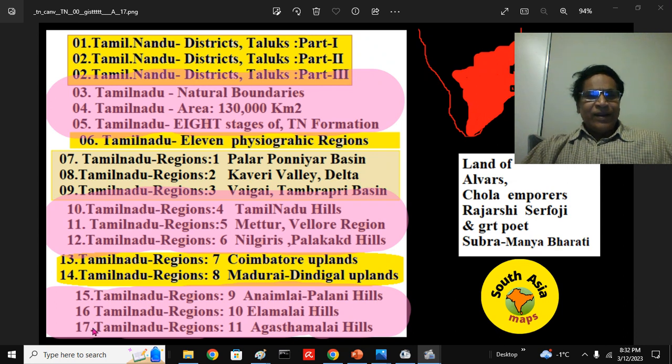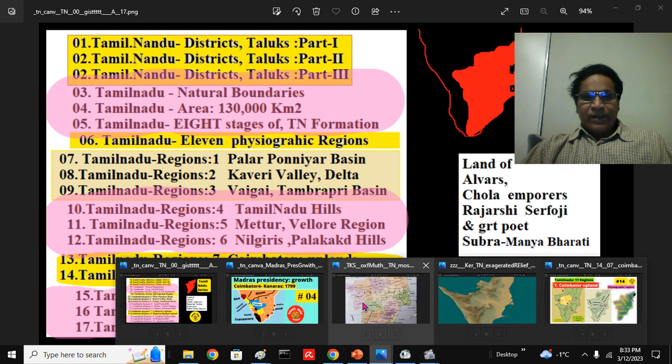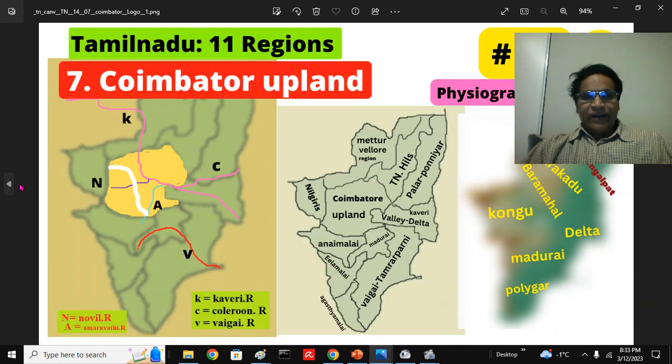I have made 18 actually, number 2 is repeated here by mistake, and today we are covering the Coimbatore Upland, part 14. That is today's part of the discussion, Coimbatore Upland.